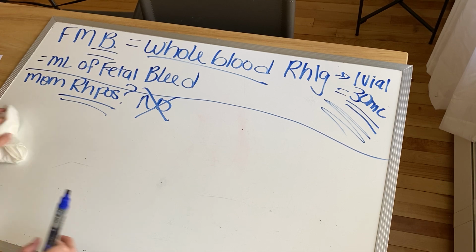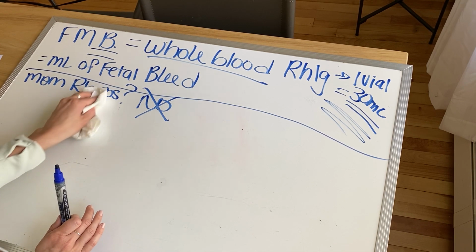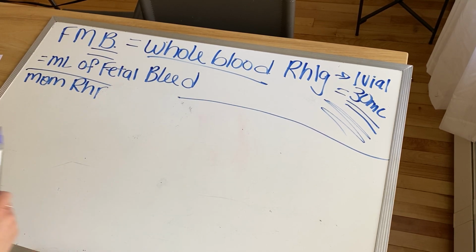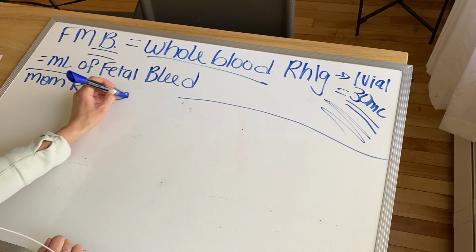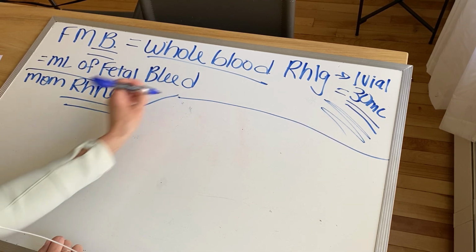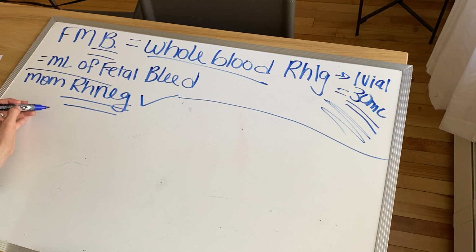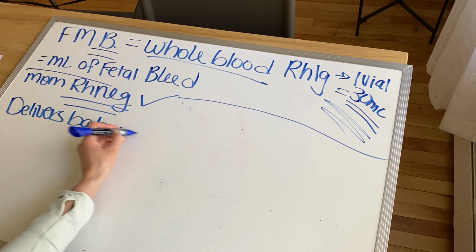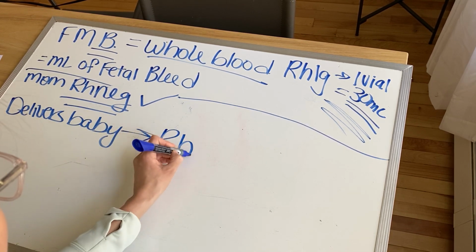We're only going to do any of this if the mom is Rh negative and if the mom delivers a baby who is deemed, which we would test from the cord sample, Rh positive.